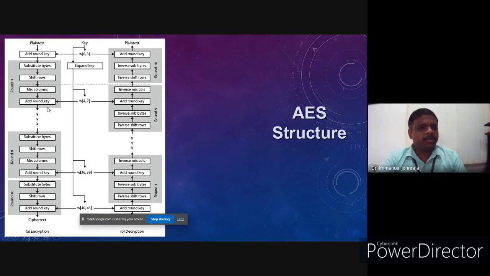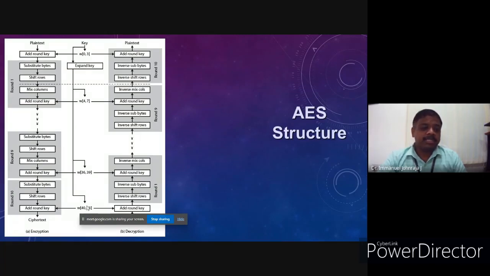So in the first round, you got substitute bytes, shift rows, and mix columns. And then the round key is added. So the first round is done, then second round, third round, and so on. You go for 9 rounds in the same way. The same operation is carried out, but with different keys.